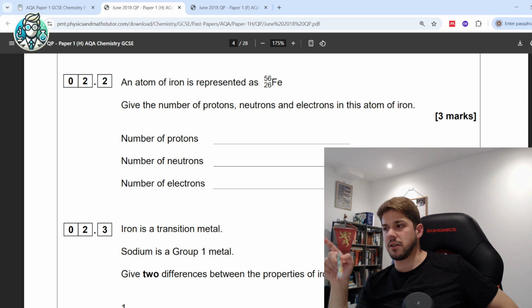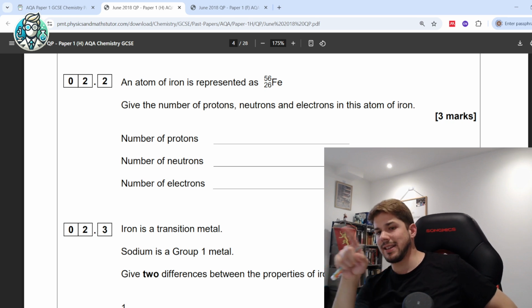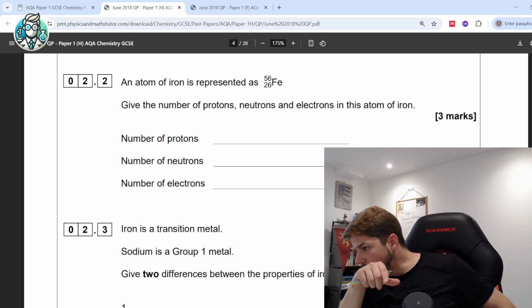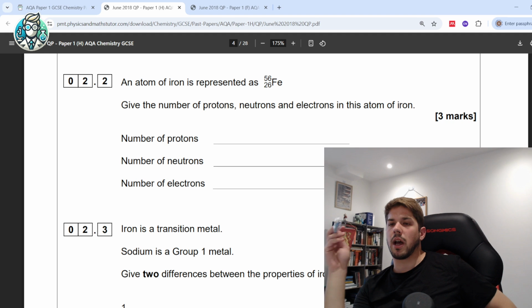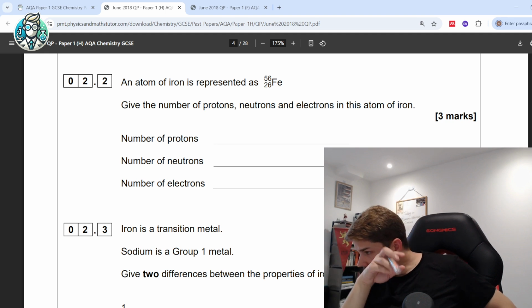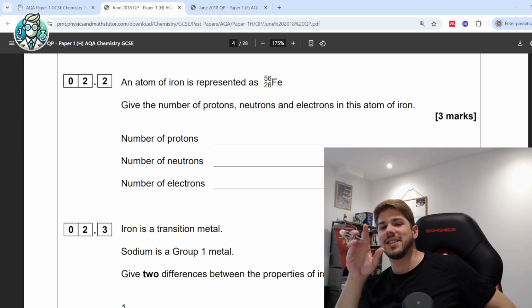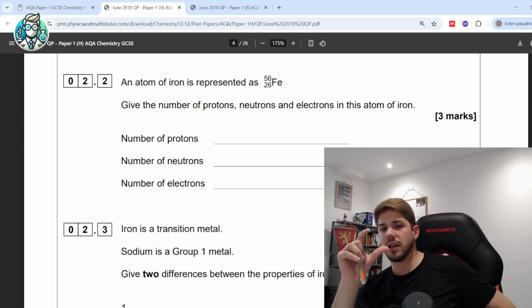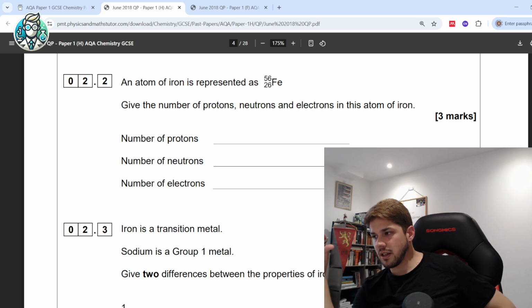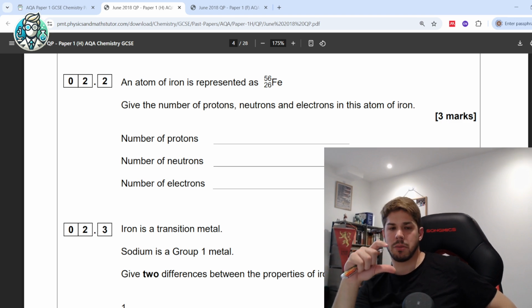Iron is a transition metal. The transition metals are the ones that are in the middle of the periodic table. If you see your periodic table, the ones that are in the middle, those are called transition metals.